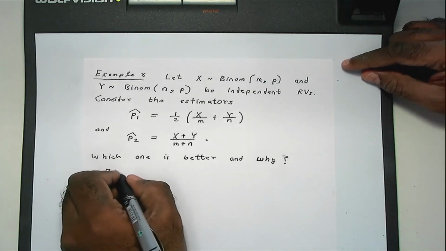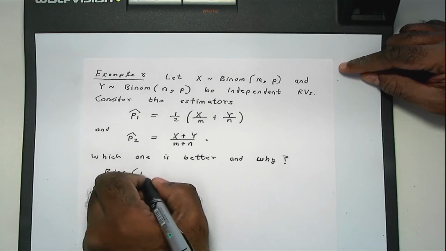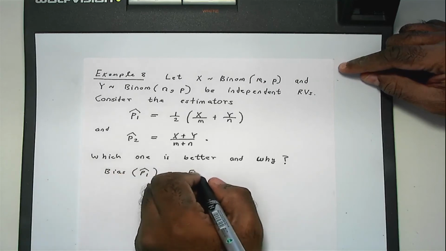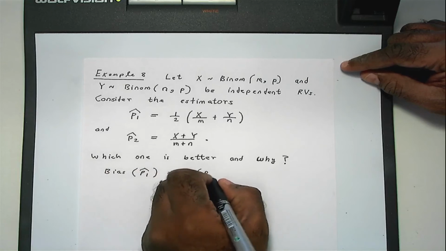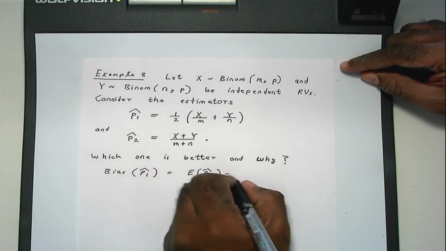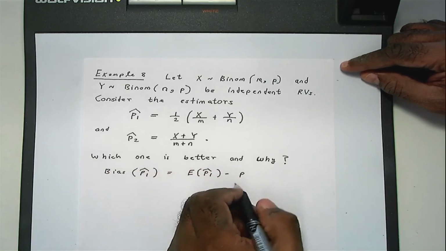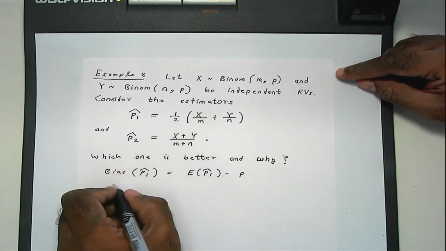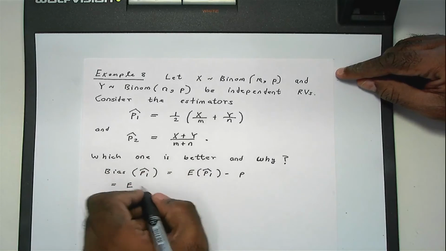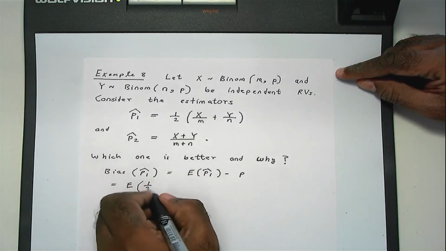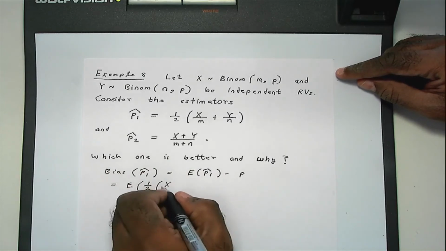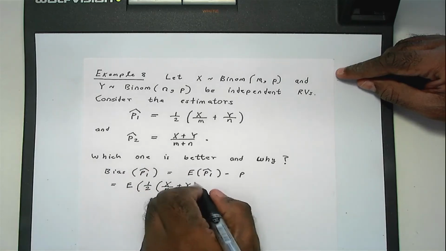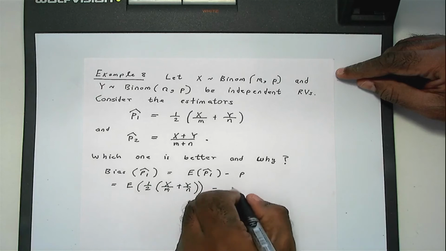So starting with the bias of the first estimator, which is the expectation of p1 hat minus p.